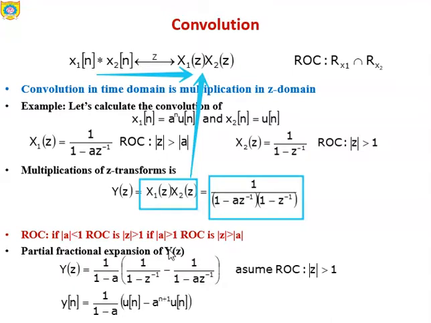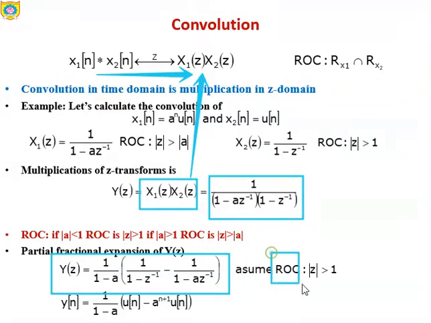Now let's see how to get y of n if someone gives us this particular task. Here we need to proceed in a reverse way. That is, to get y of n from Y of z, the inverse z transform has to be obtained. So for this case, let's say this is Y of z.